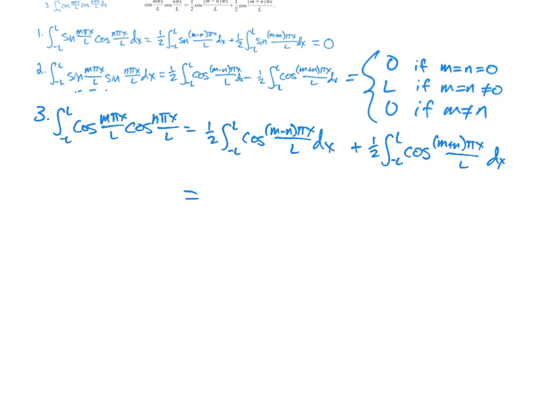So again, we're going to have the same cases: if m equals n equals 0, if m equals n not equal to 0, and if m does not equal n.